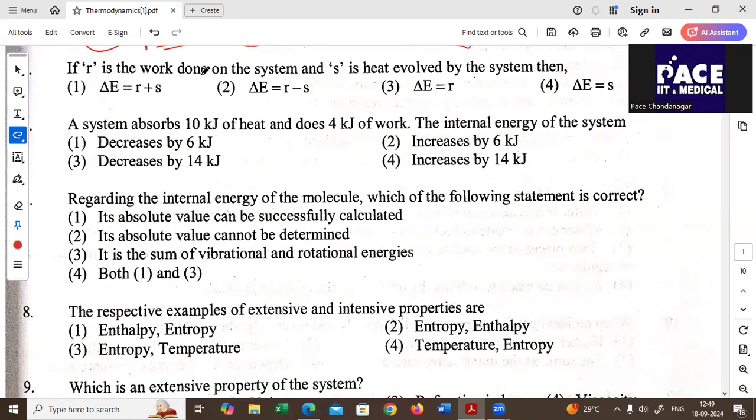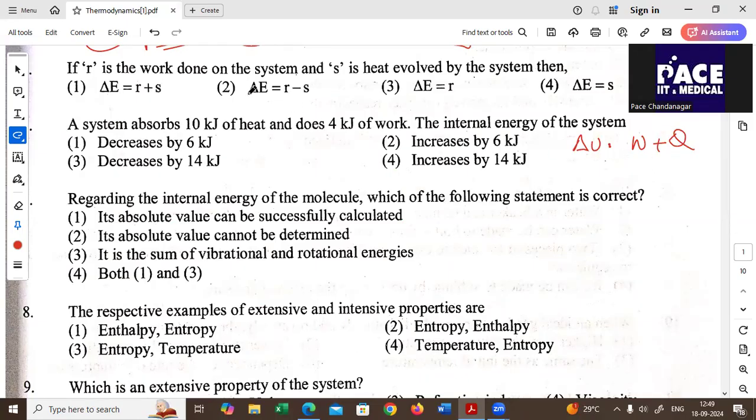Yeah, if R is the work done on the system and S is the heat evolved by the system, then something is given to you. Delta E is nothing but internal energy. Now, what is your first law of thermodynamics? Delta U, or delta E, whatever, is equal to work plus heat, right?